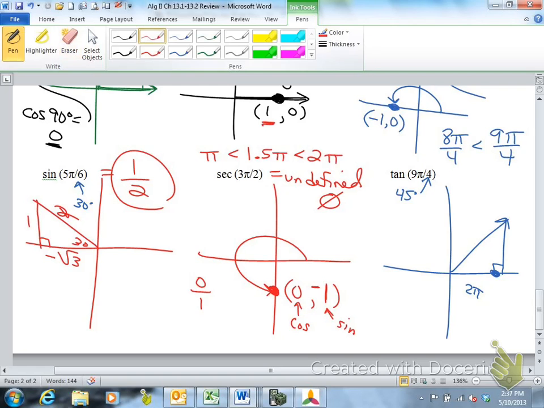This angle is once around plus a little bit more. So it's 45 degrees, you have 1, 1, square root 2. Tangent is 1 over 1. So tangent of 9 pi over 4 would be 1.